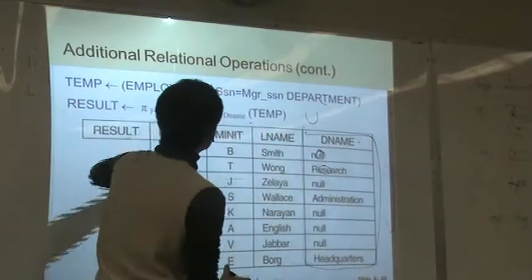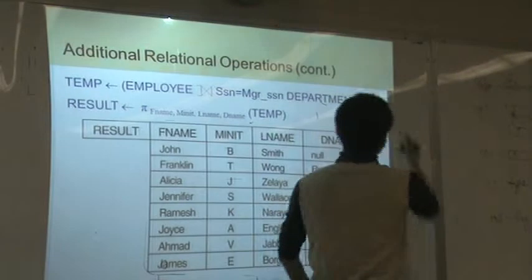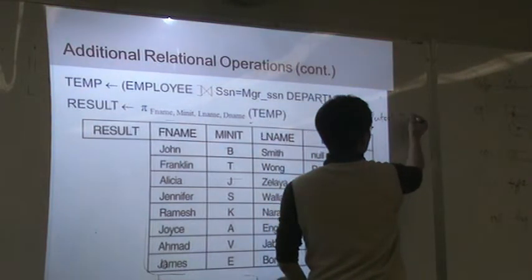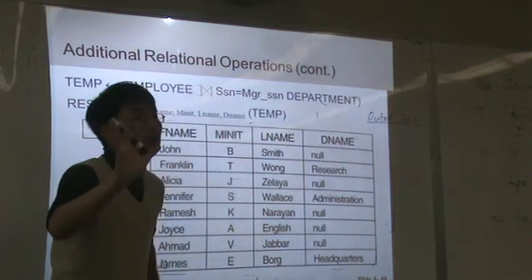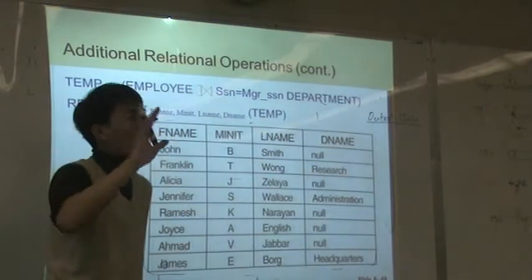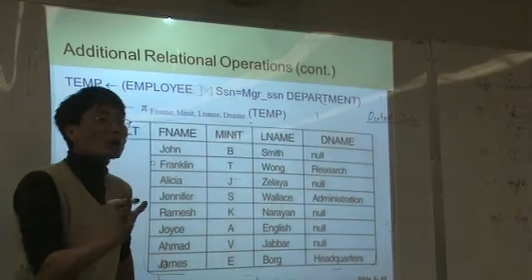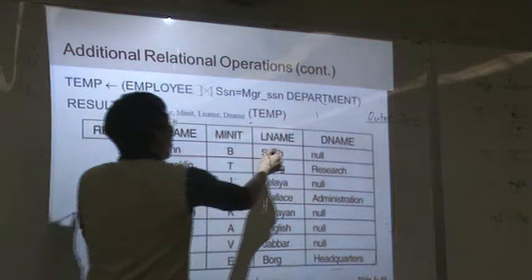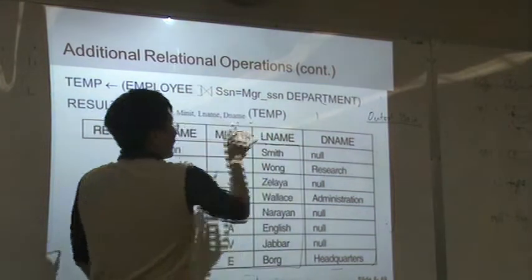Instead, we are going to define outer join. Outer join means the traditional join operation allows only matched data, like this. In outer join, we will keep all the data. Okay?